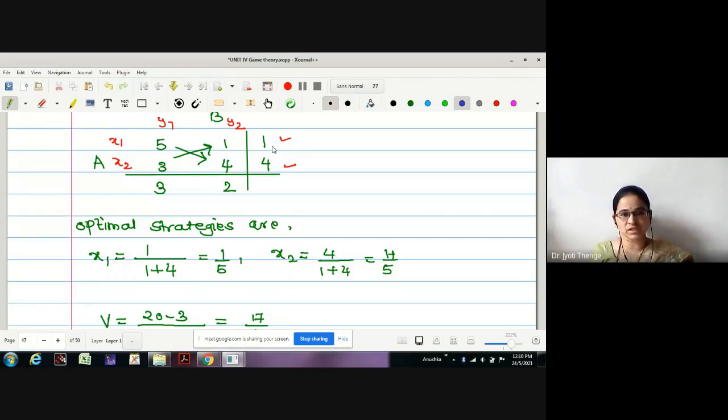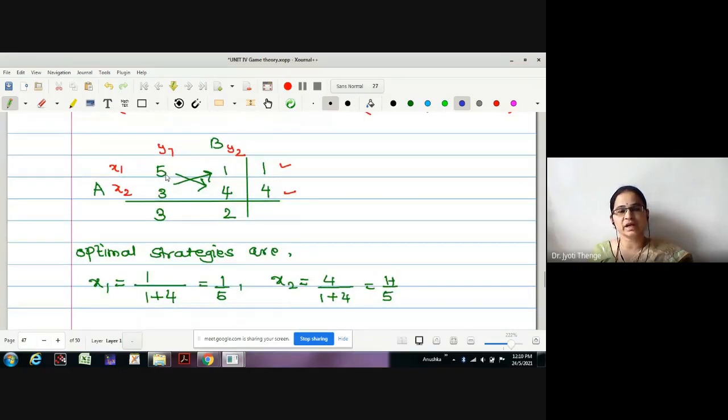Whatever differences we found are called the oddments. Then we divide the difference by the sum of these two differences. Therefore, the value of X1 is 1 upon 1 plus 4, that is 1 upon 5. Similarly, the value of X2 is 4 upon 1 plus 4, that is 4 by 5.